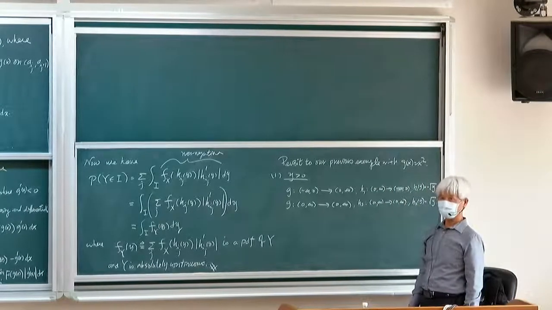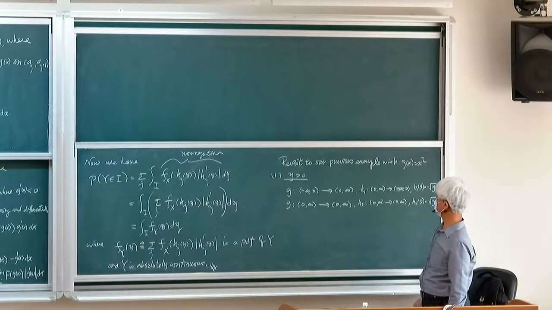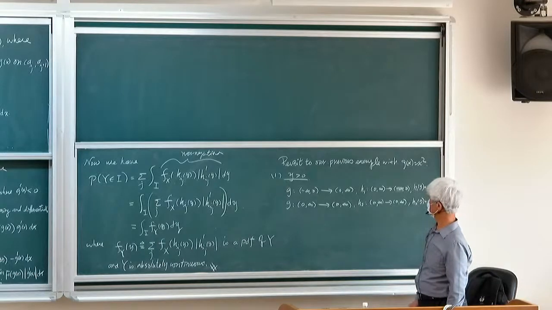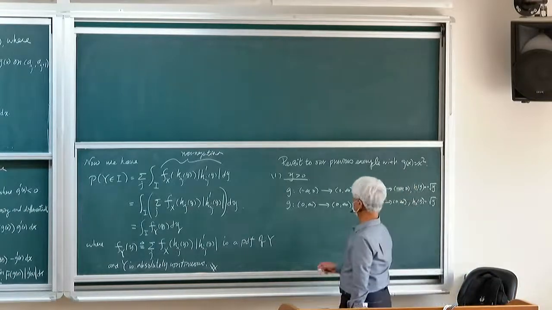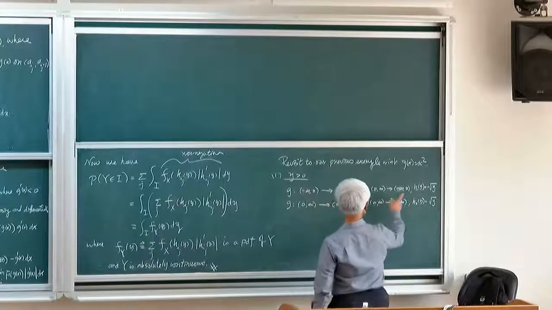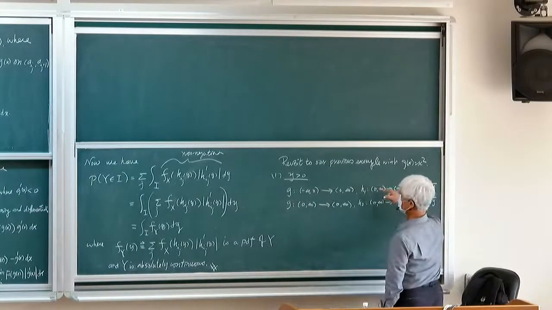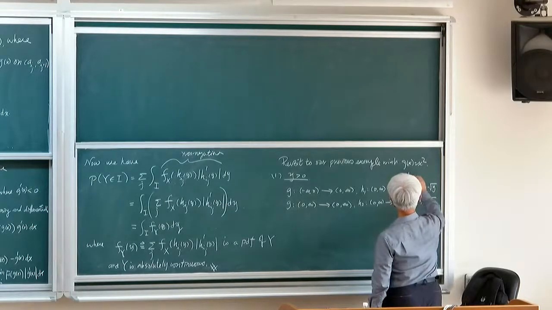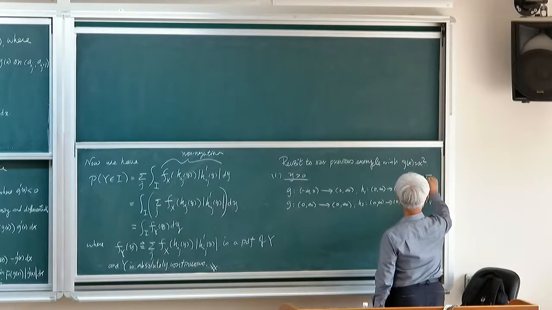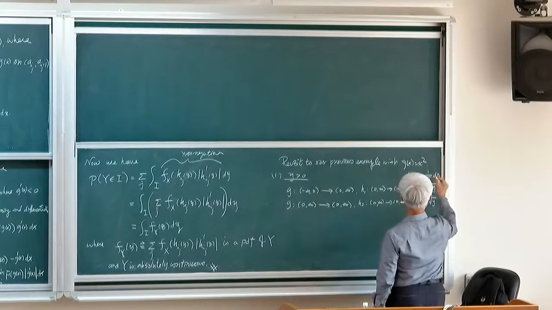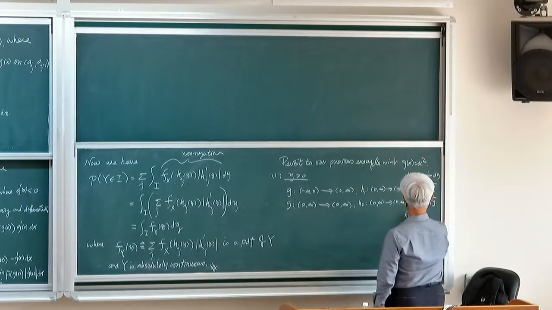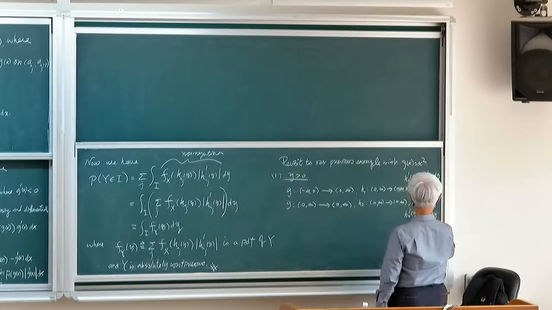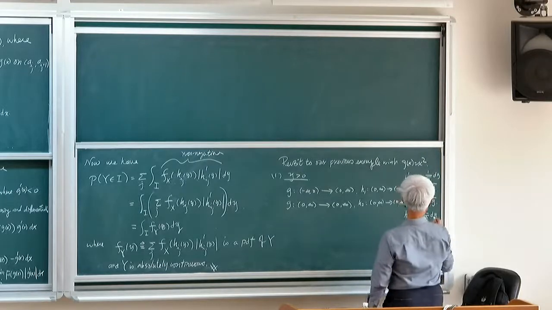Then h1 prime of y is minus 1 over 2 square root of y, and h2 prime of y is 1 over 2 square root of y.